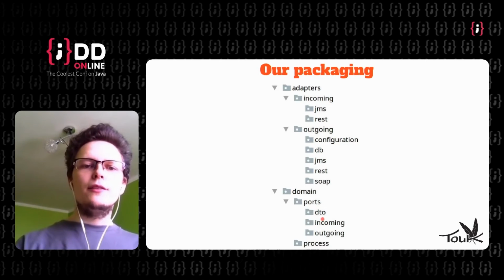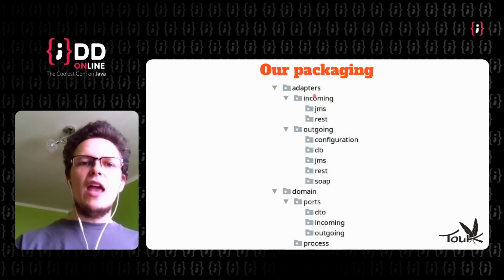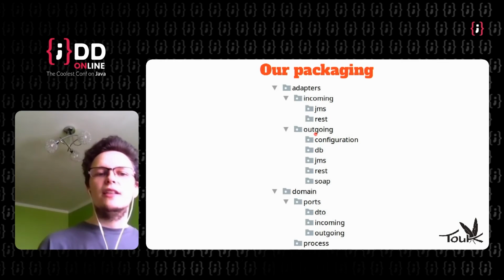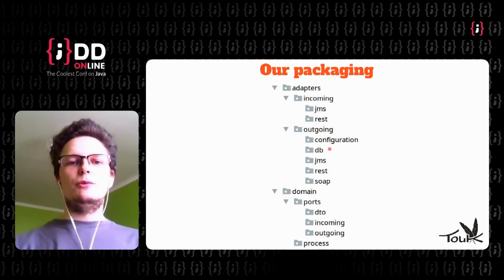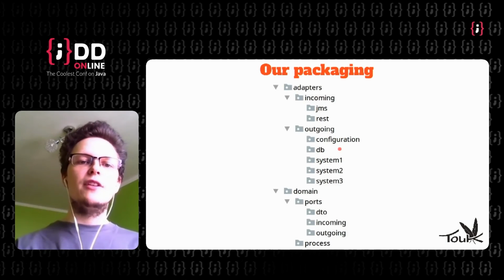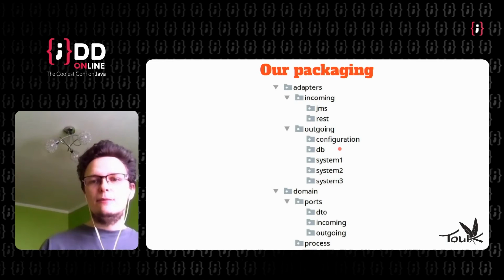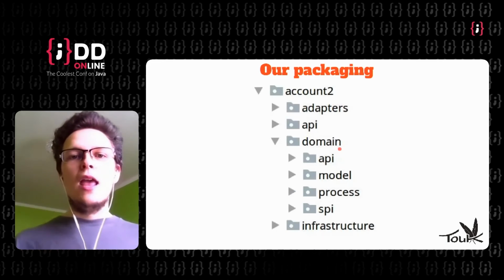Okay, and we have incoming and outgoing ports, and they are implemented by incoming adapters depending on the technology that we want to use, and outgoing adapters also depending on the technology. Of course, we don't have to stick to the technology. We could, for example, name the packages after some system that we are connected to.